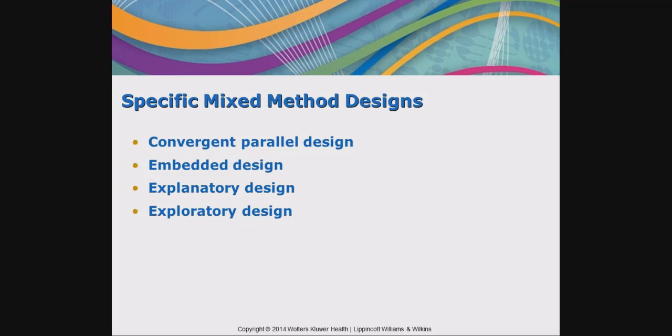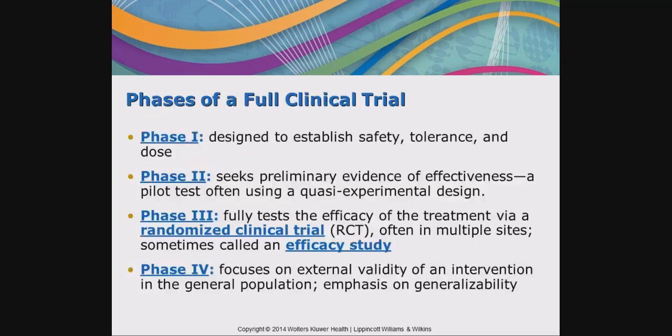So just kind of know that in general, because really what we want to focus on has to do with those randomized clinical trials, because these are a part of special types of research and interventional research. Now here's the question. If you're looking at a clinical trial, is that quantitative or qualitative, do you think?